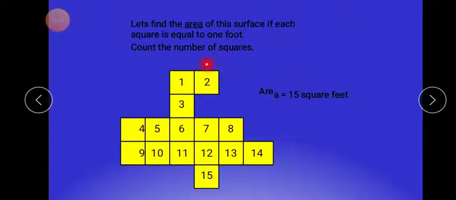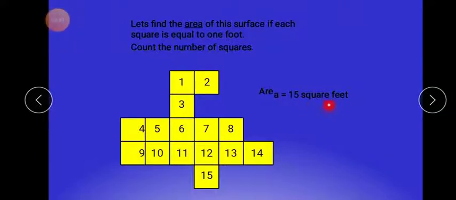Let us count: 1, 2, 3, 4, 5, 6, 7, 8, 9, 10, 11, 12, 13, 14 and 15. So we have 15 squares in this whole shape, and directly we can say the area is 15 square feet.